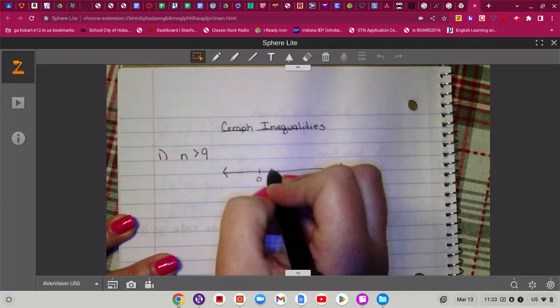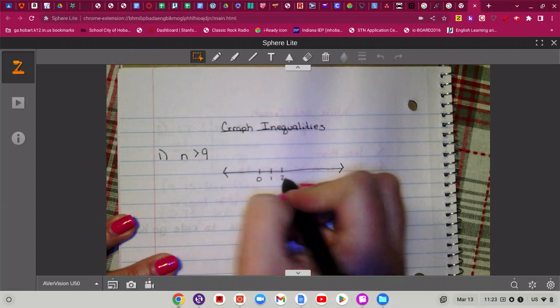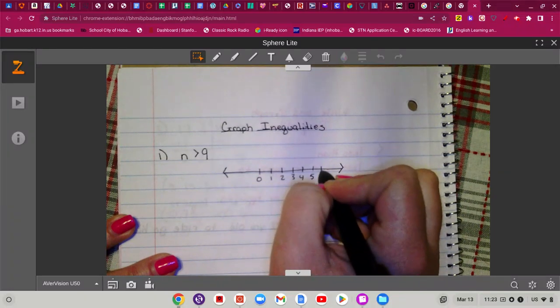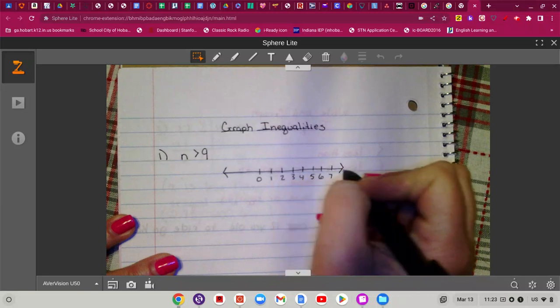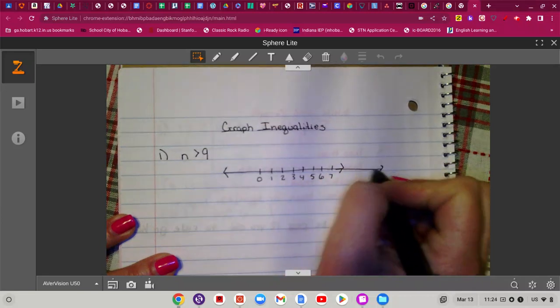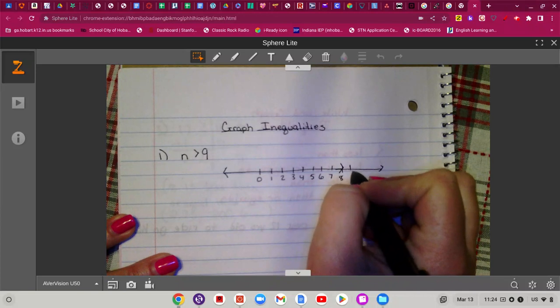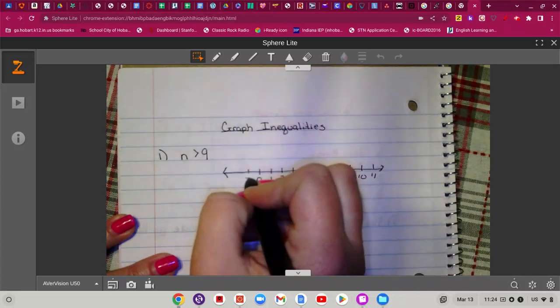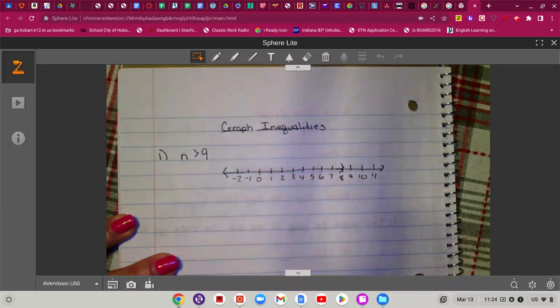So if I have 0, 1, 2, 3, 4, 5, 6, 7. Oh, we need to make this longer. 8, 9, 10, 11, -1, -2.